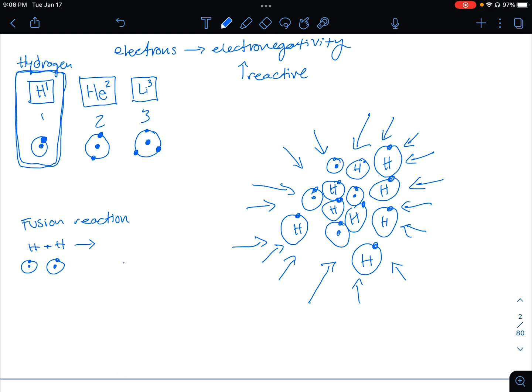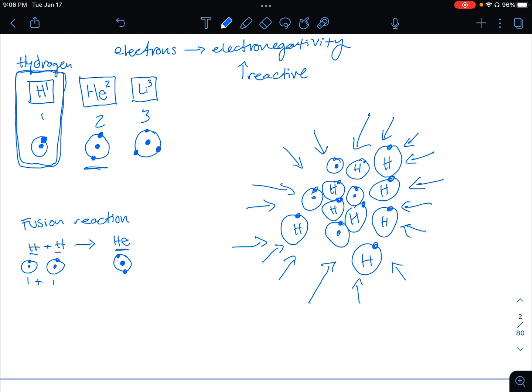One plus one electron, we now have 2 electrons. What do we have after that fusion reaction? Can we look up here? Yep, we have helium. So we have taken hydrogen and another hydrogen, and with enough gravitational pull, with enough mass in the middle, we have caused a fusion reaction that has led to the creation of helium out of a hydrogen and a hydrogen.